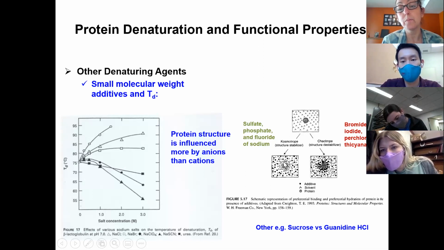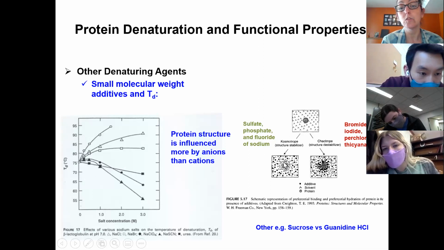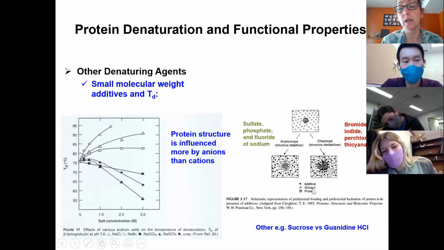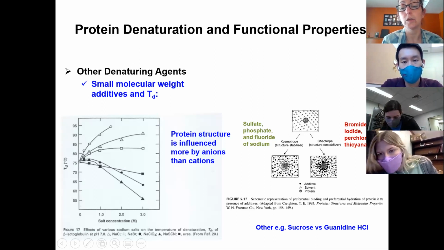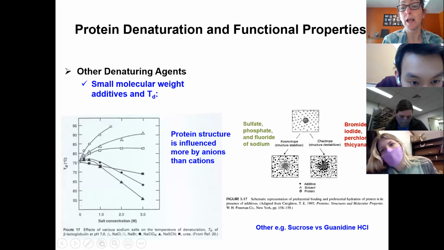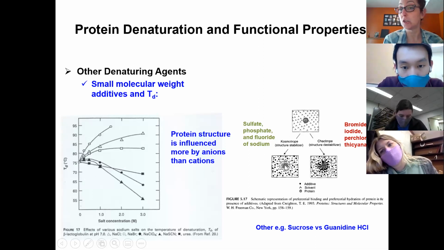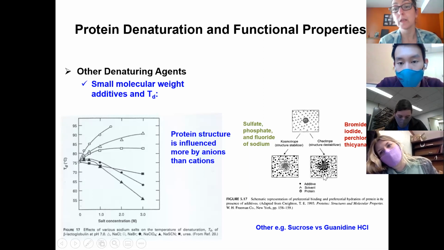So what they do is, they bind loosely to the protein and they enhance the solvent-protein interaction. So this carrot shape is the solvent. So when you have cosmotrope in solution, you enhance water-protein interaction. And when you enhance water-protein interaction, denaturation temperature will be higher.